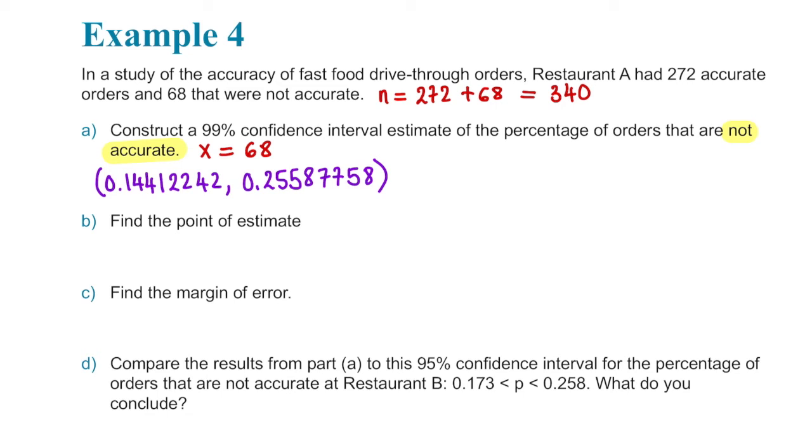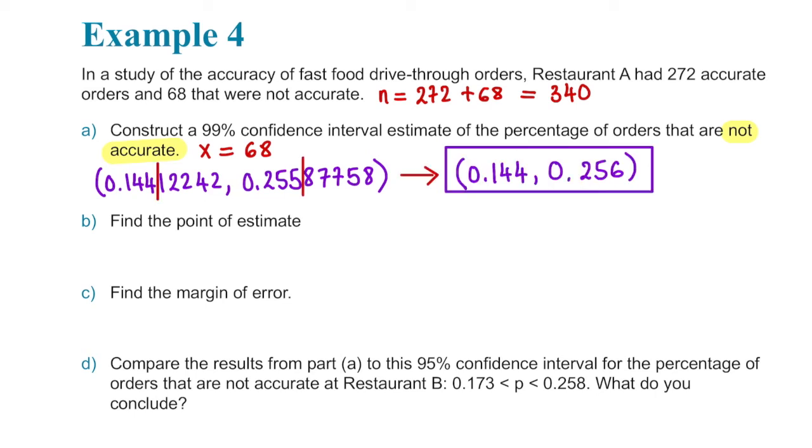There was no instruction on how to round. I am going to round to 3 significant figures. My confidence interval is 0.144 to 0.256. What does that mean? It means that I am 99% confident that the percentage of orders that are not accurate is in between these two numbers. So it's in between 14.4% and 25.6%.